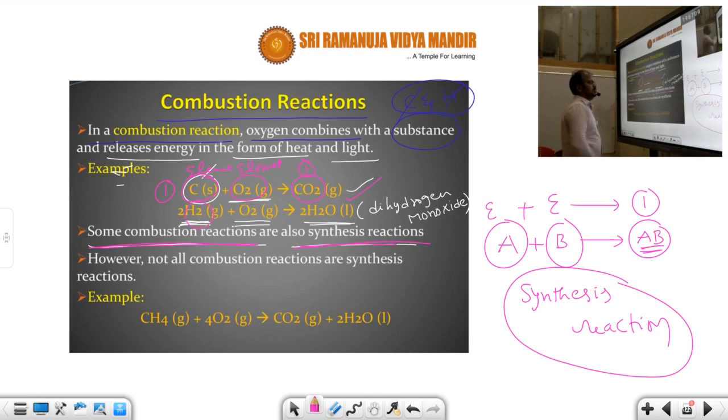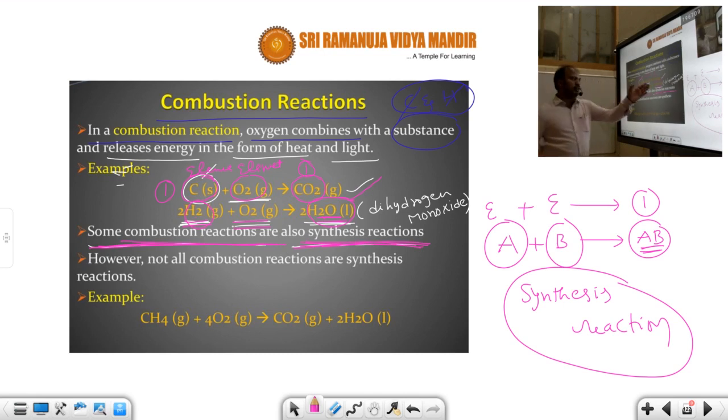If you take hydrogen, an element, it combines with oxygen to form H2O, the only one new substance formed. So here elements combine to form only one new substance. That's why this is also a synthesis reaction. So some combustion reactions are also considered synthesis reactions.